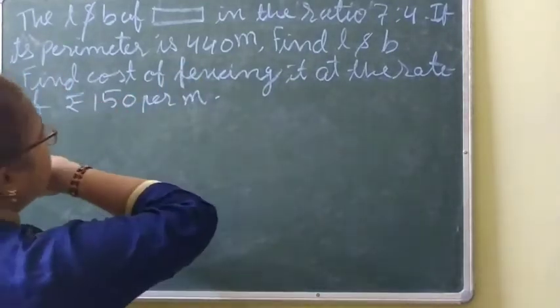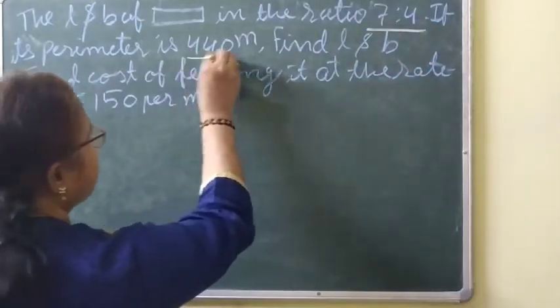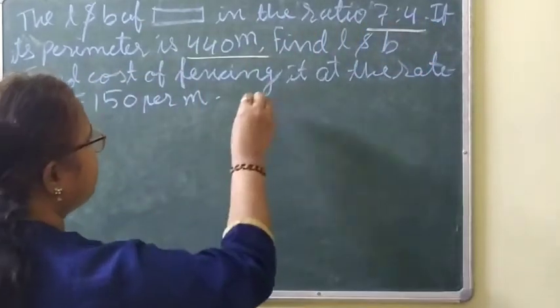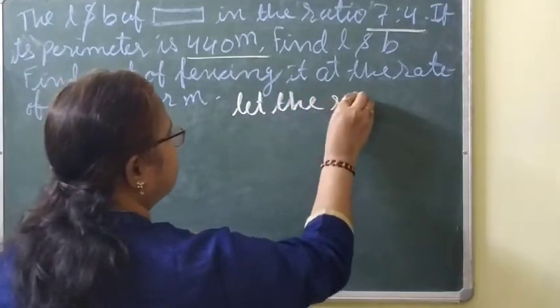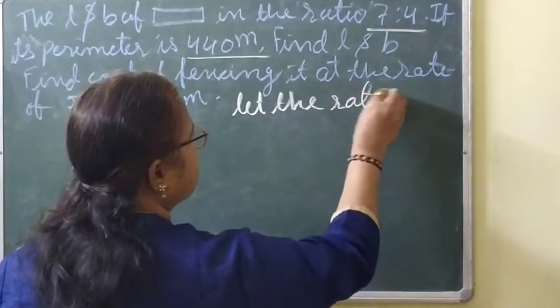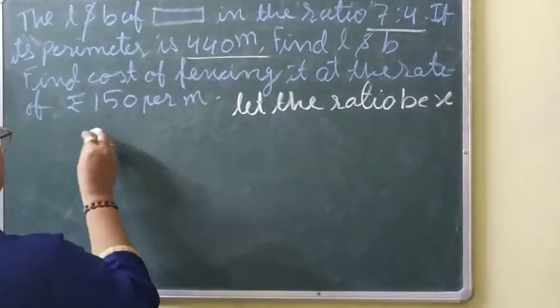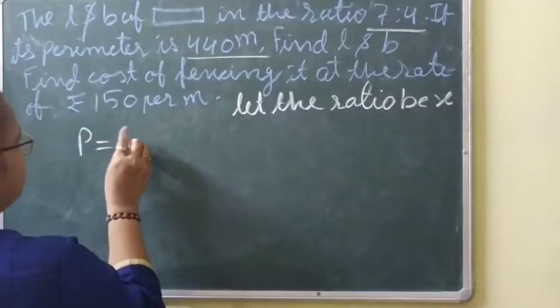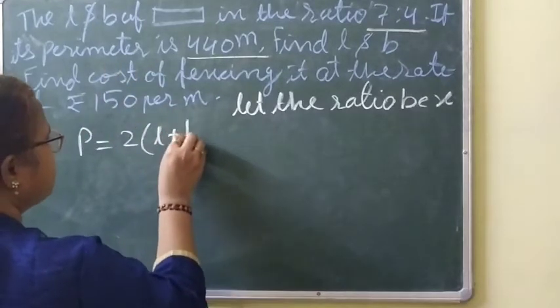Here we have to find out that it is given in the ratio 7:4, and its perimeter is given 440 meters. So let the ratio be x. So first we'll write, let the ratio be x. Okay. So perimeter is equal to what? Perimeter of a rectangular field, so 2 into (l plus b).